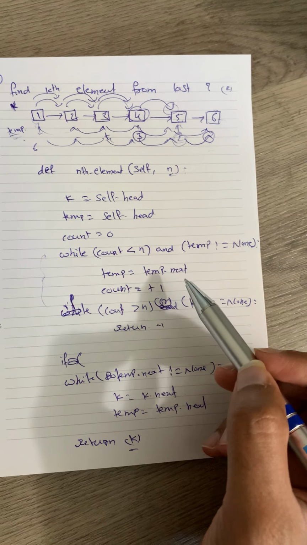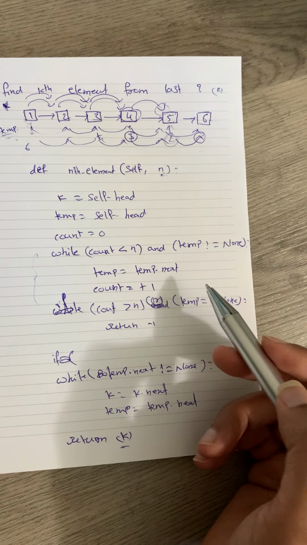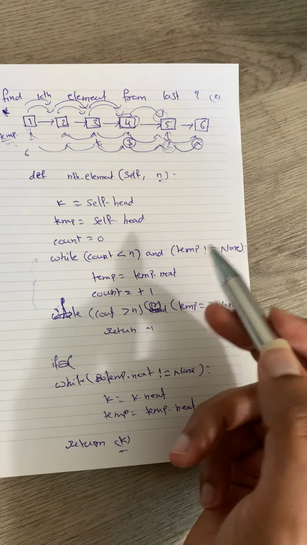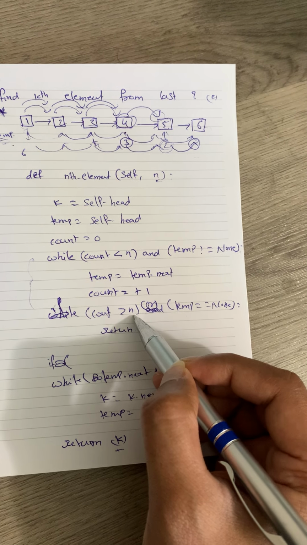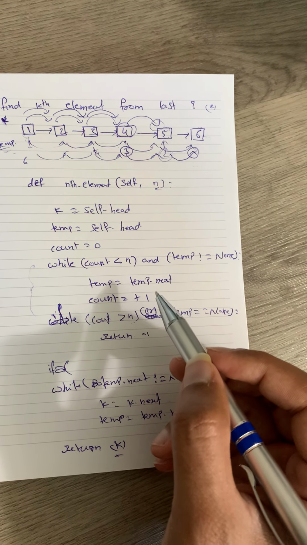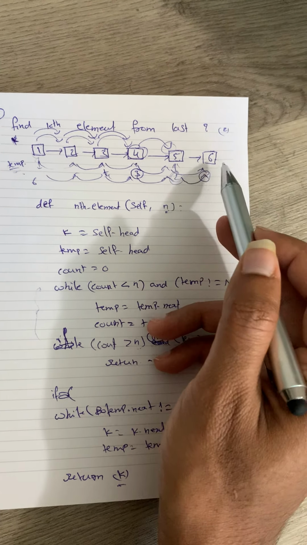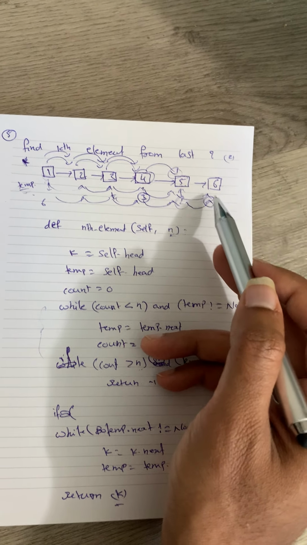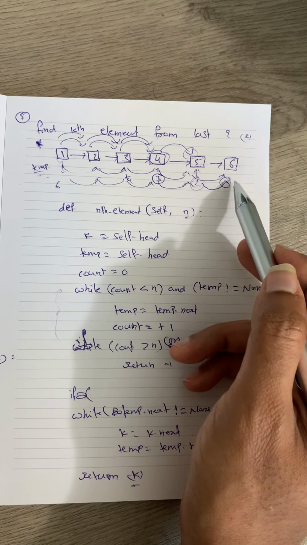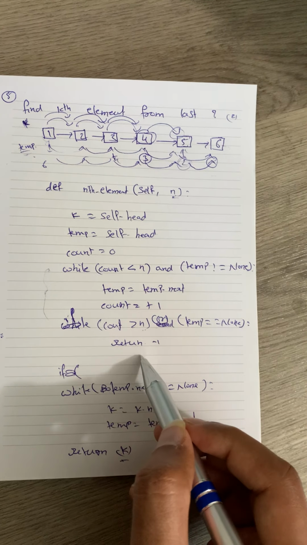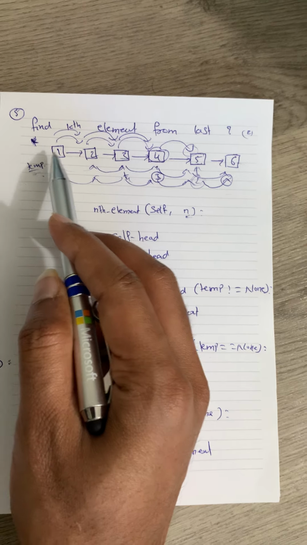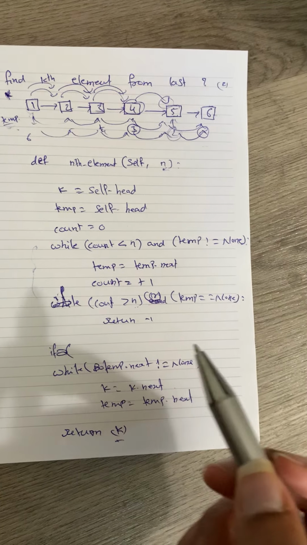If we have an empty linked list, or if the user wants, like in this example, the 15th element from the last, then we return nothing. Or if the linked list is empty, then we return nothing.